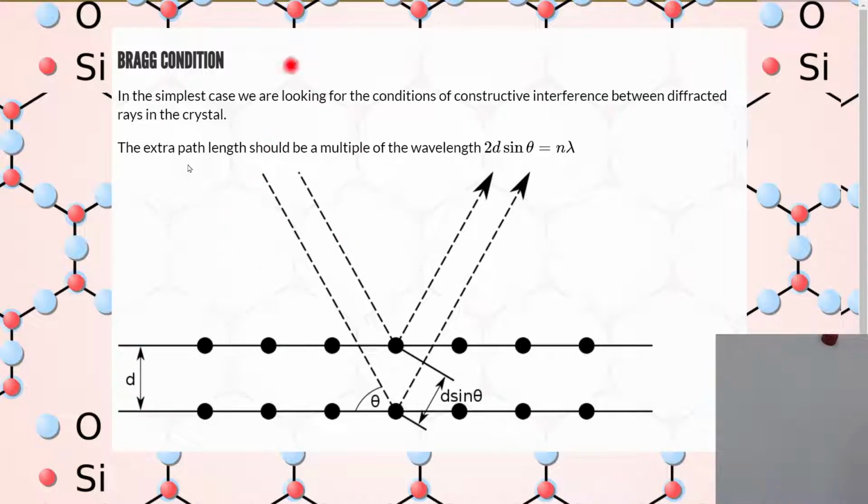If we have two light rays, two photons coming in, one getting reflected from this row and one getting reflected from this row, we can work out the total change in path for the two that have gone different distances. And the condition for constructive interference is that this should be some multiple of the wavelength of the light that we're shining.